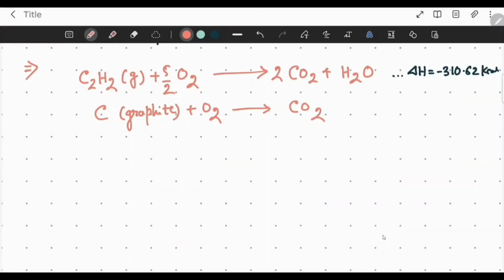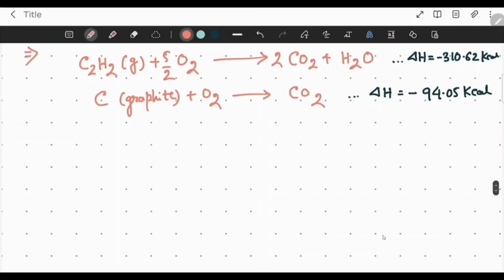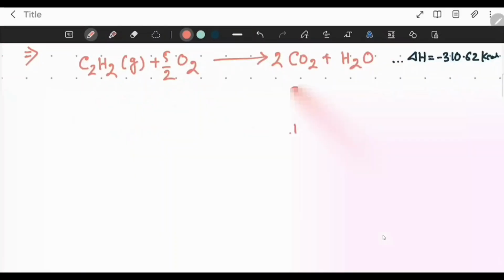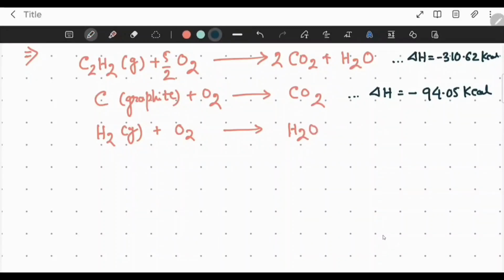So it is already balanced, and del H is also given for this combustion process, which is minus 94.05 kilocalorie. And the third one for H2, we know this, water will be produced, and for this process the del H is minus 68.32 kilocalorie.